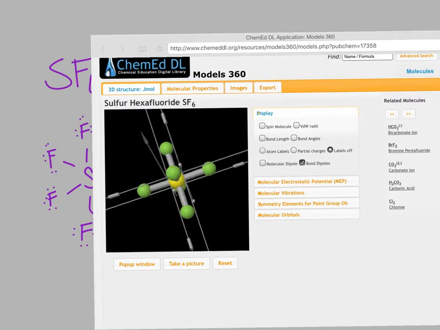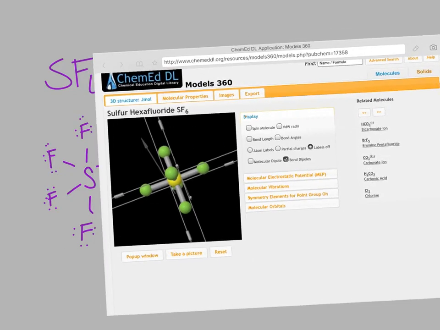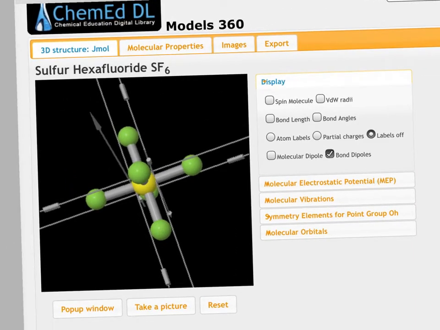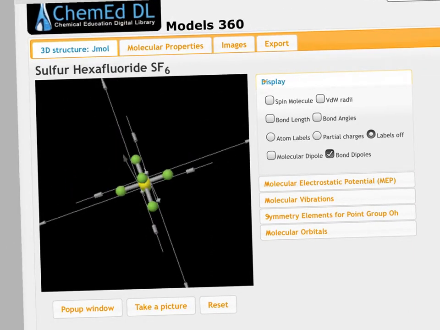Those lines are so long because the polarity is so high in those bonds. I'm trying to make it bigger on your screen so I can pull it out a little bit. So these arrows are so long because these bonds are so polar, but you can see how they would cancel each other out, right?